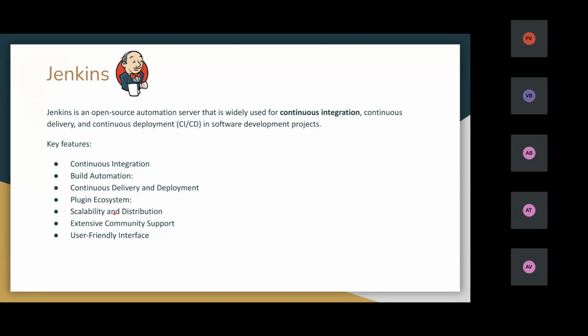If we need to build many things at a time, we need many servers. We can scale our Jenkins server to other servers, like we can use a master-slave setup. We can use a master Jenkins server, and we can build our code on another server. Then community support, then user-friendly interface.